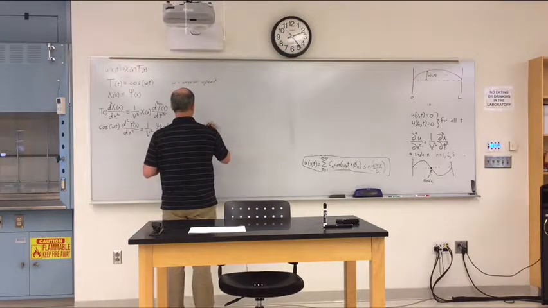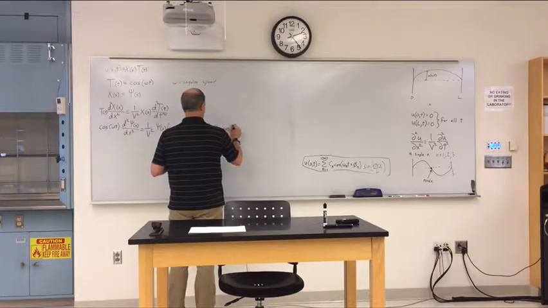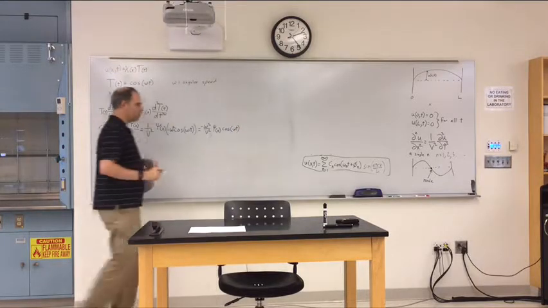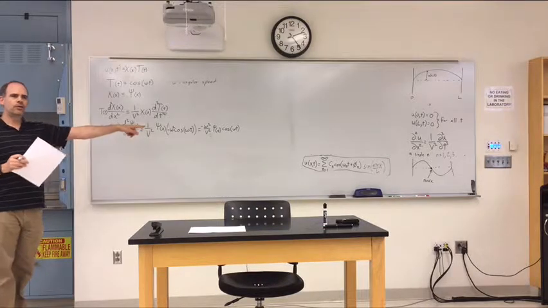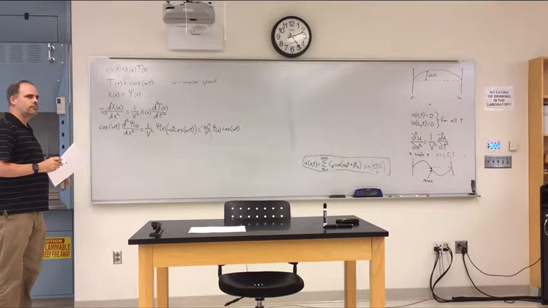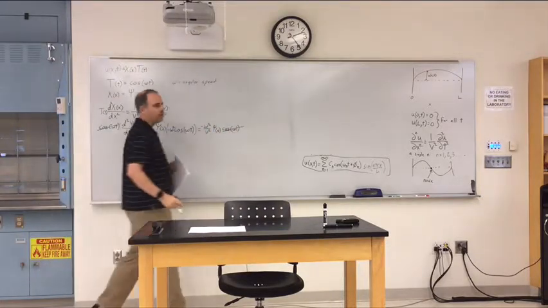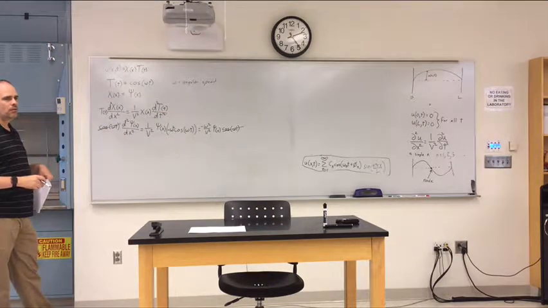So this would be negative omega squared over v squared psi of x cosine of omega t. We have cosine omega t on the left, cosine omega t on the right. They cancel out. You divide both sides by cosine omega t, they cancel out.